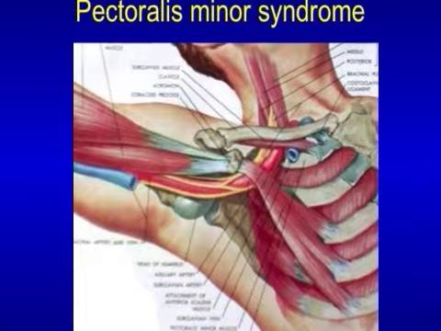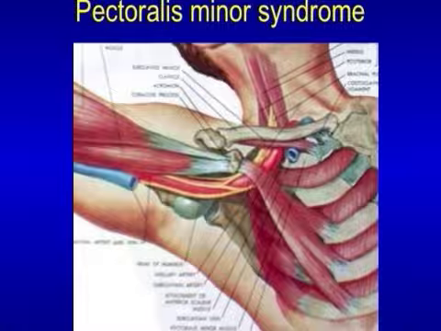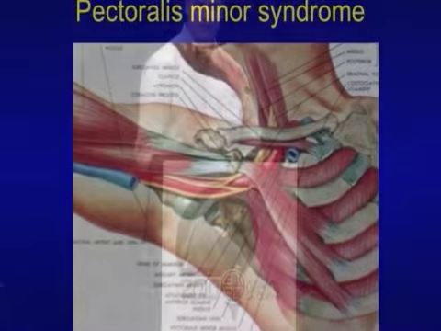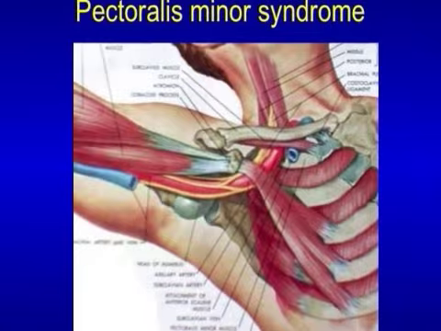Another form of disputed neurogenic TOS is the so-called pectoralis minor syndrome. Remember, one of the levels within the thoracic outlet, the subcoracoid space, or the space behind the pectoralis minor, is another relative area of potential compression. It may happen more frequently in overhead athletes. It's just envisioned on a diagram, but you can get instability of the humeral head, which can roll forward and essentially create a lever arm on the neurovascular structures in that subcoracoid space.